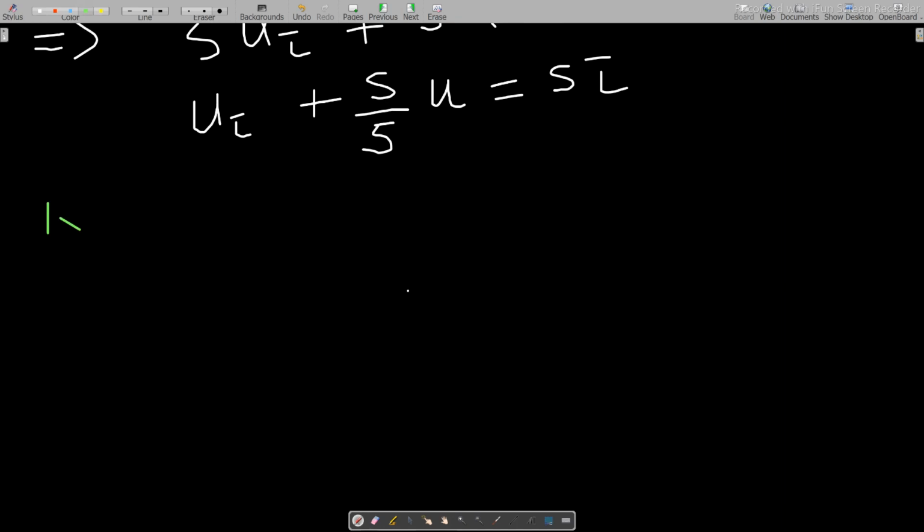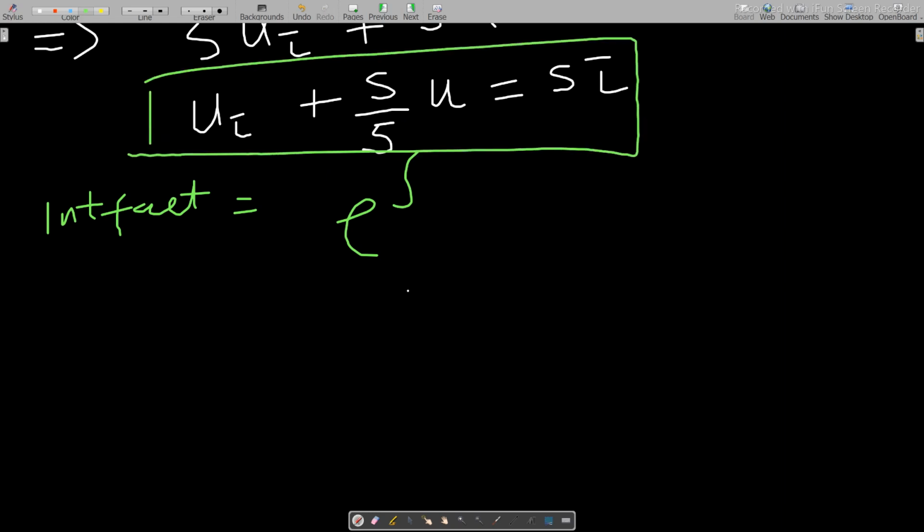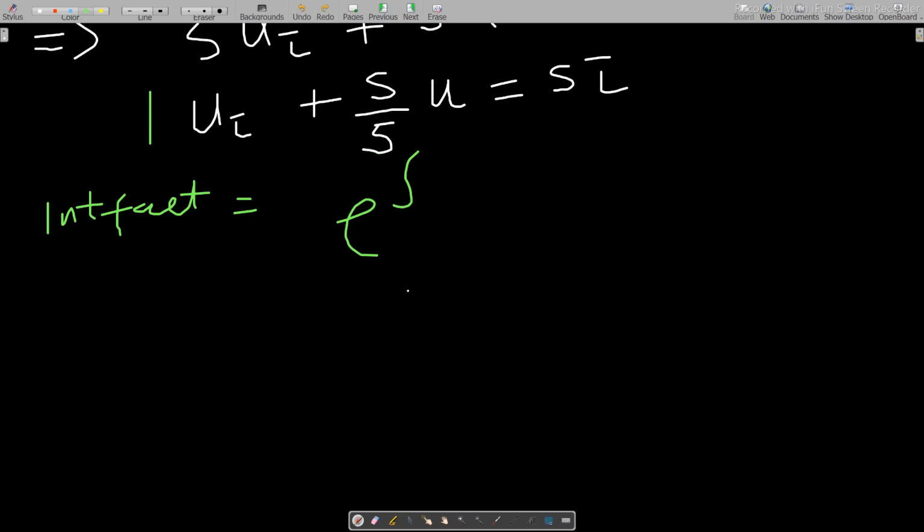Let's say the integrating factor is equal to e to the power integral of whatever that is here, with respect to the independent variable. The independent variable in this simple ODE is just tau, because u is differentiated only with respect to tau.